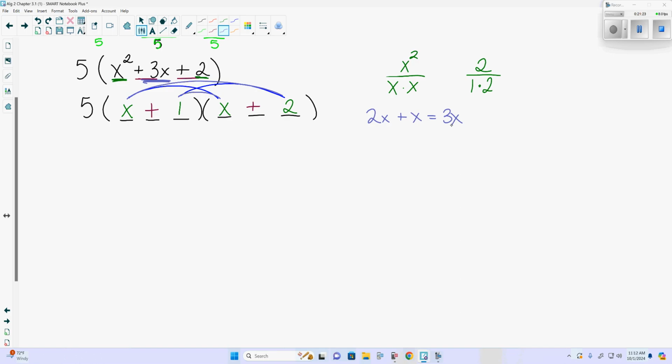If those match up, then this here is the correct factorization. Questions on this here so far? We ready for the next one? Okay.